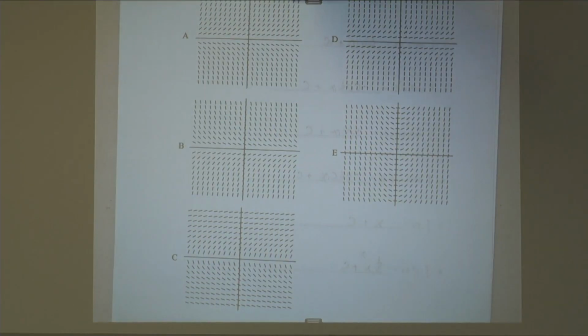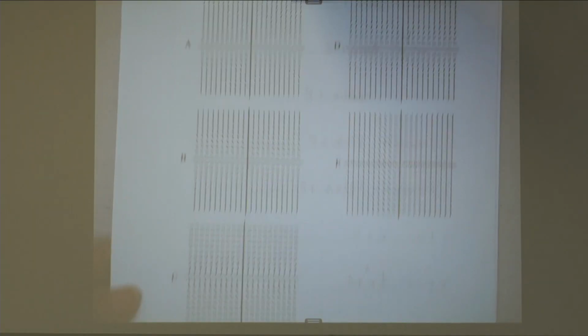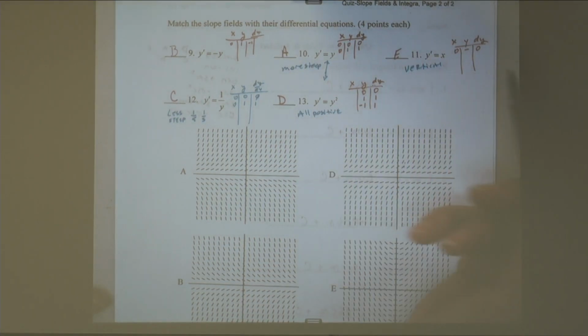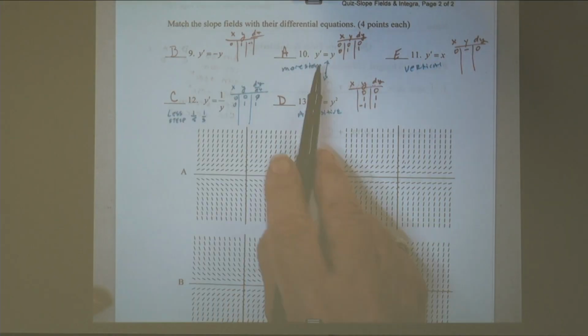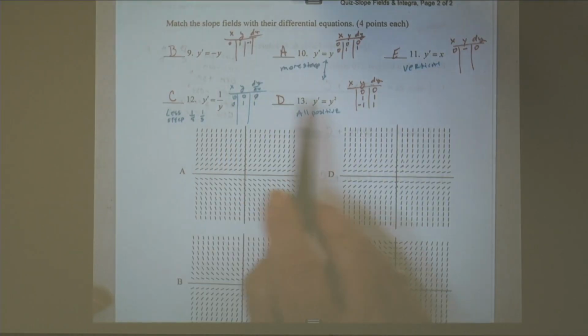Now on the back, here we go. Remember, we've got these 5 slope fields here, and we're trying to figure out which equation goes with which slope field. So the very first thing I did was I looked at which are dependent on y and which on x: this is dependent on y, this is dependent on y, this one's dependent on x, dependent on y, and dependent on y.